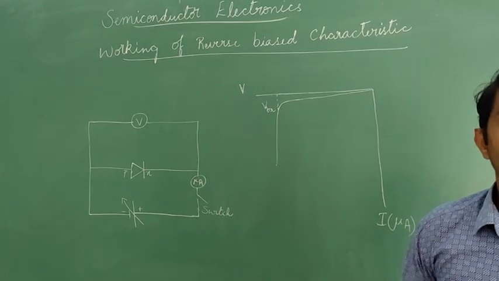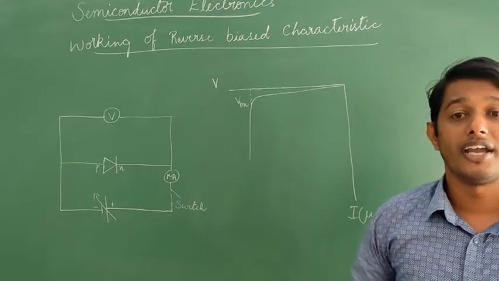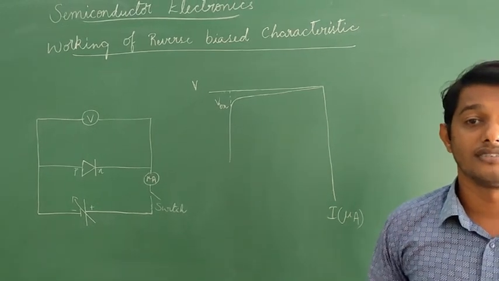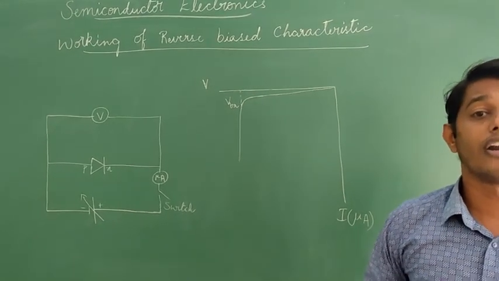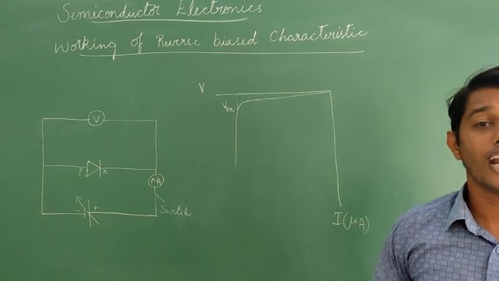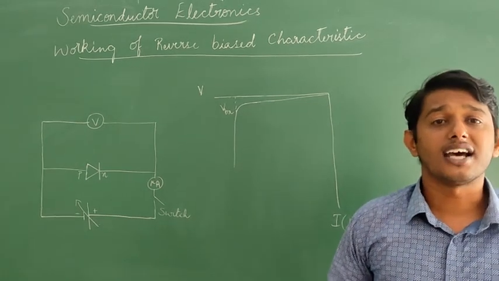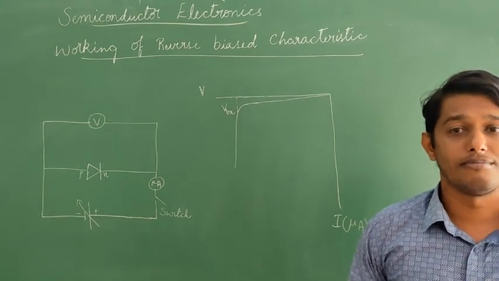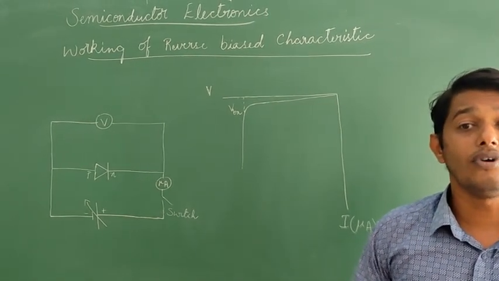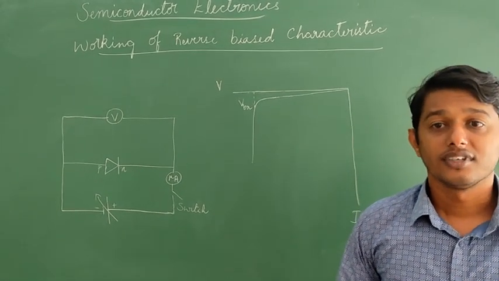However, a small current flows through the junction due to minority charge carriers. This current is called reverse current or leakage current. At a particular applied voltage, the reverse current suddenly becomes maximum. This reverse voltage is called the breakdown voltage, VB.